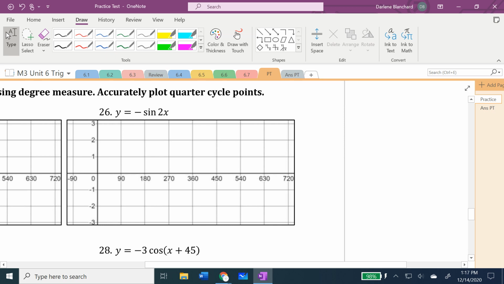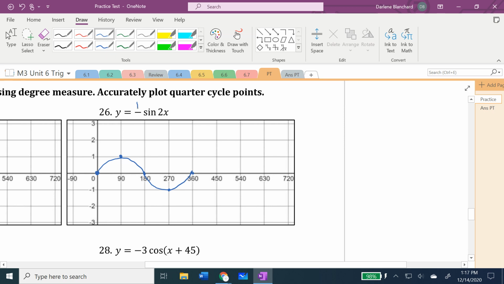With 26, I'm going to draw as we go along. I'm going to start with a standard sine function, y equals sine x, before it is transformed, the parent sine graph. There's where one cycle is going to go, right side up.